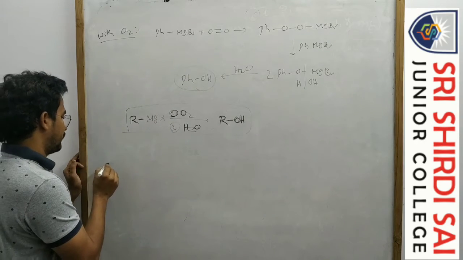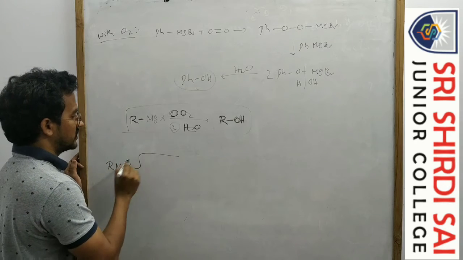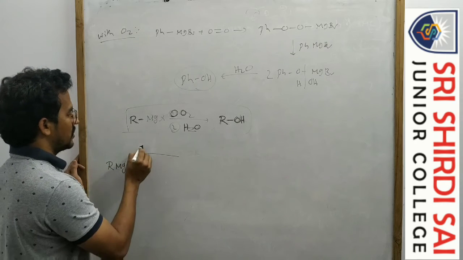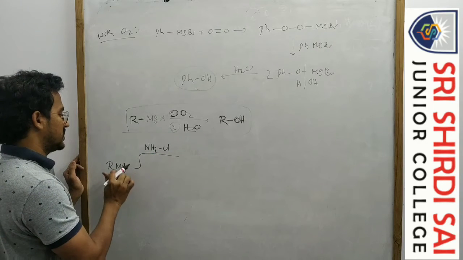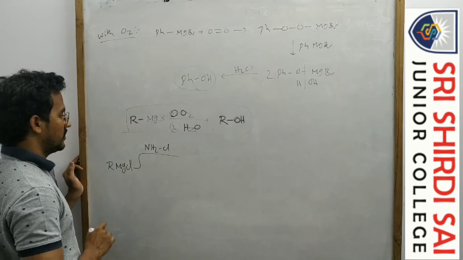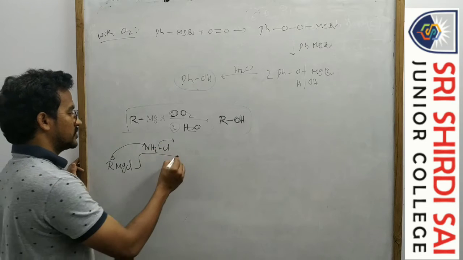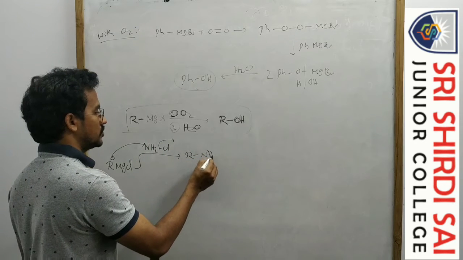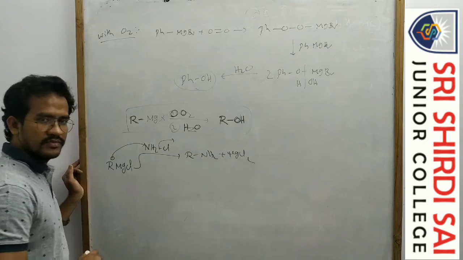And next one, RMgX and reaction with NH2Cl. For suppose RMgCl is one. So here R minus attacks the NH2, Cl minus leaving. So we will get RNH2 plus MgCl. That is the product.